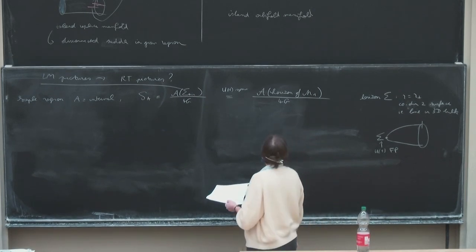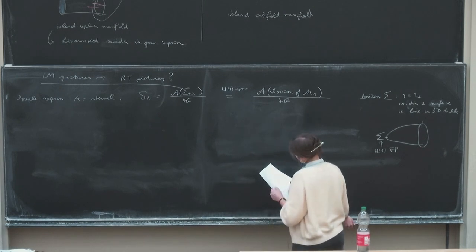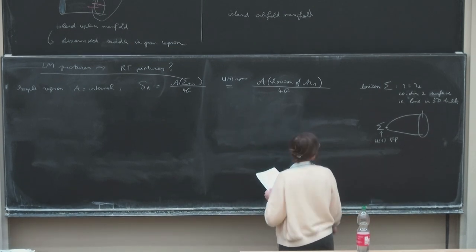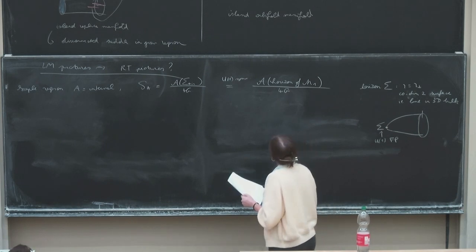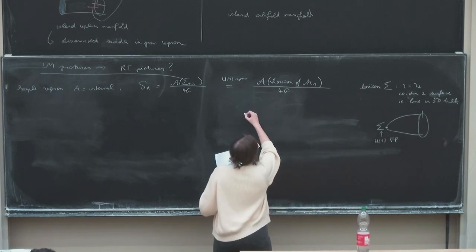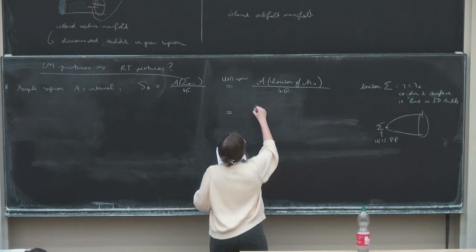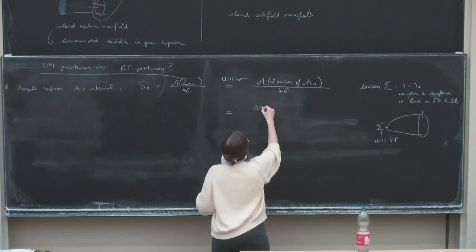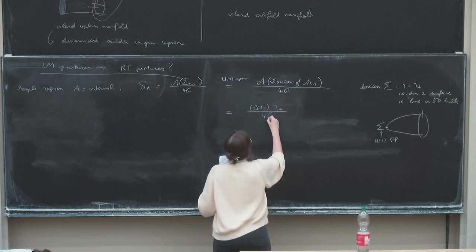And so for that, we know that, just let me add one further formula here, which is that the area is equal to delta x_z times r_+ over 4G.